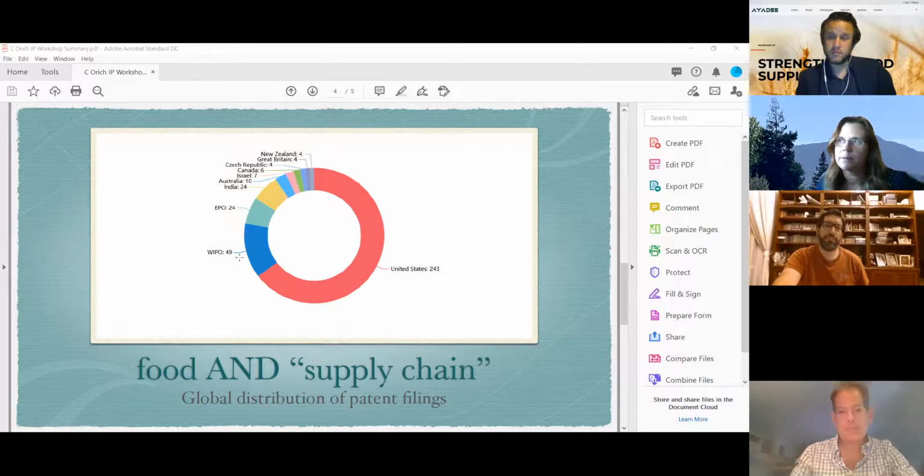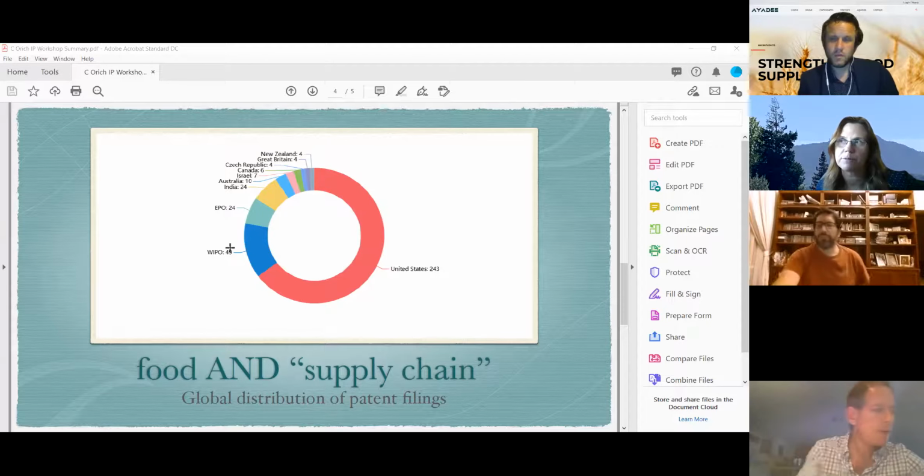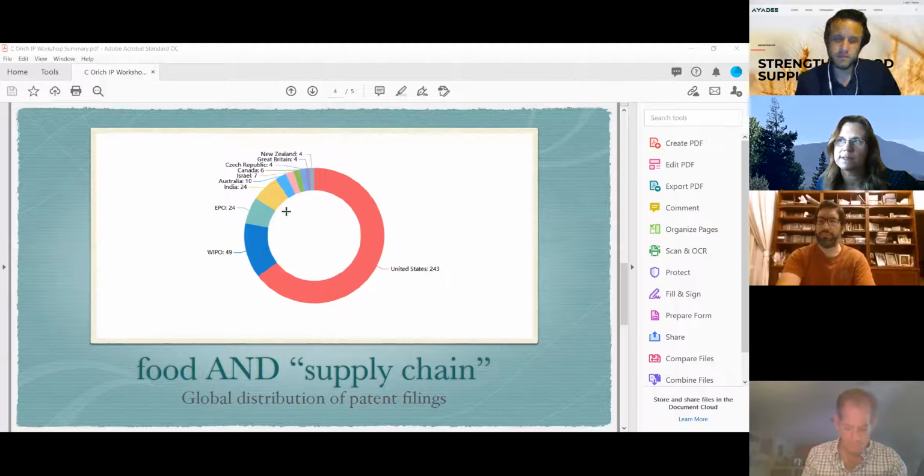It's a little bit pricier than filing direct in the US, but it does give you the option to then pursue patent protection in many jurisdictions around the world at a later time. So you file one application at WIPO, you pay a fee, and then you can defer the cost of pursuing patent protection in other global jurisdictions for up to, I think, 30 to 31 months.